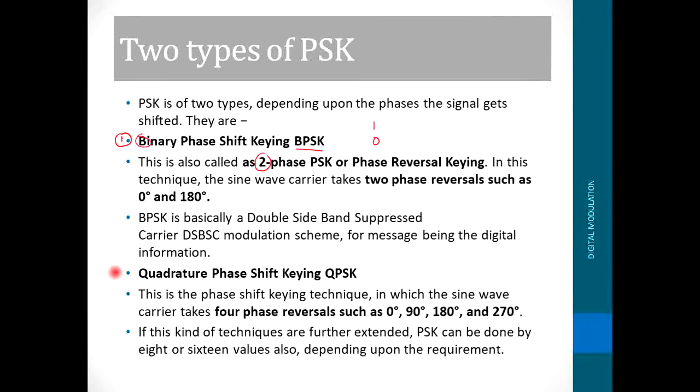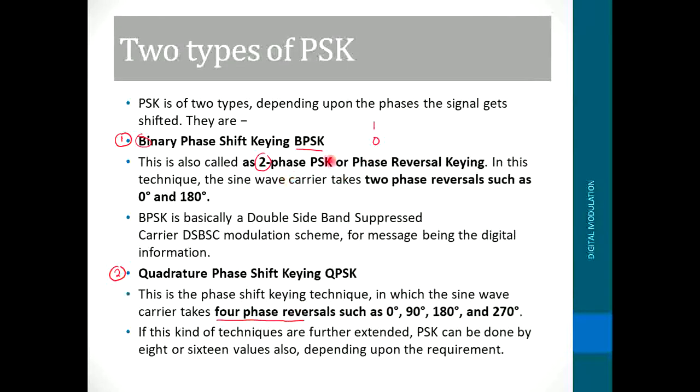Okay, the second type of phase shift keying is quadrature phase shift keying, QPSK, and this is the phase shifting technique in which the sine wave carrier takes four phase reversal.